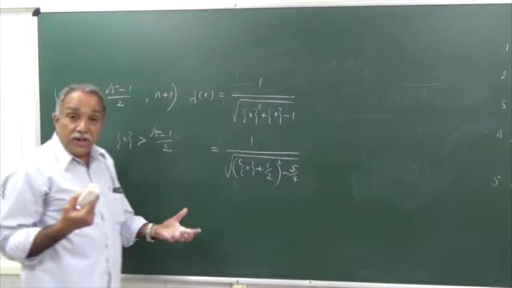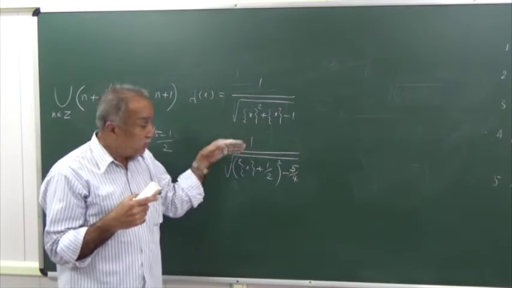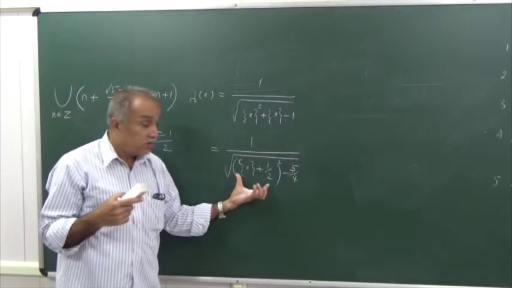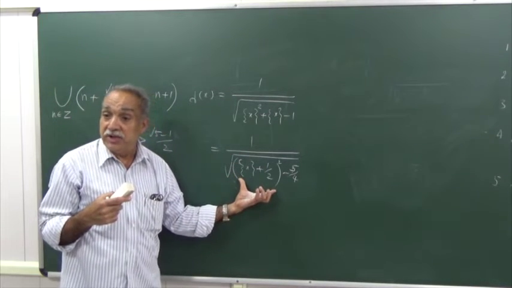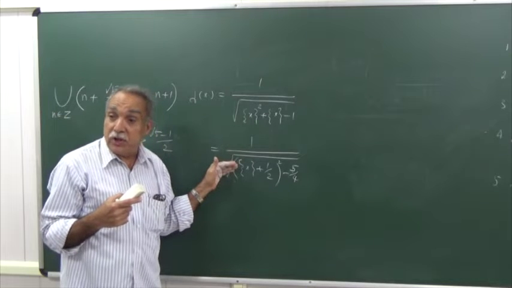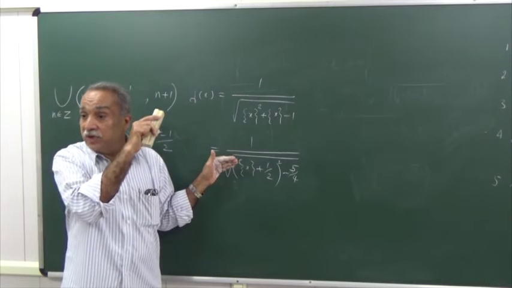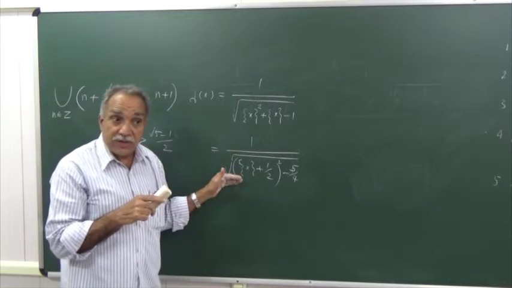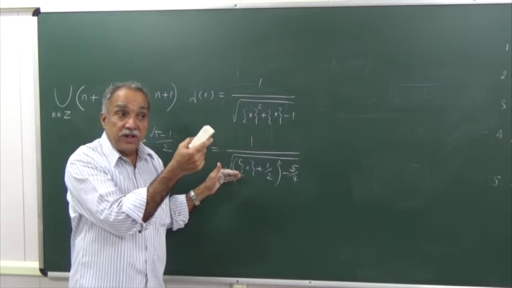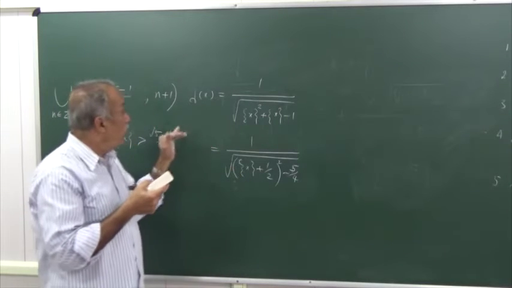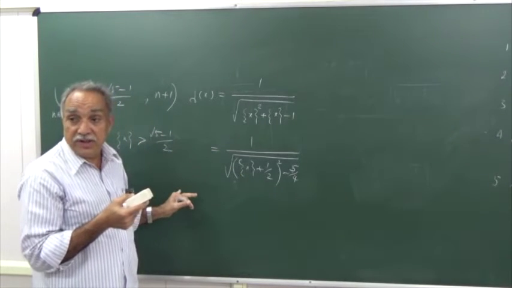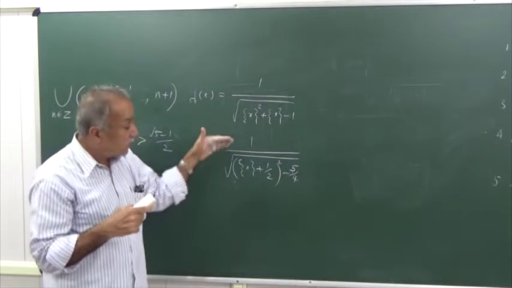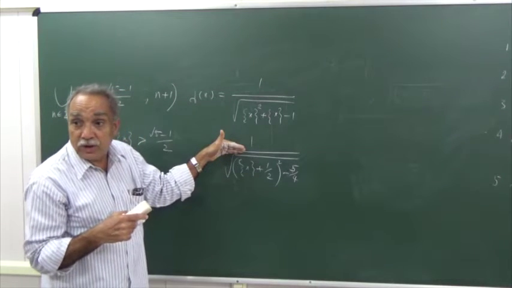In order to get the lower bound for the reciprocal of a function, I must consider the maximum value attained by this. At the maximum value of the denominator, you get the least value of the reciprocal. At the least value of the denominator, you get the highest value of the reciprocal. You have already got the highest value as infinity. Now what is the least value? It corresponds to the highest value of the denominator.